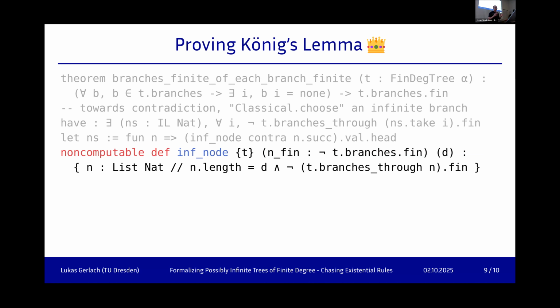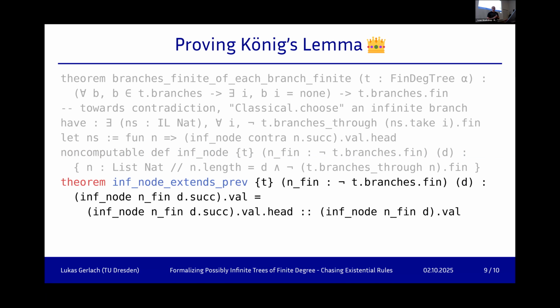So this just takes a depth and the proof that there's really infinitely many branches in the tree, and then returns a suitable node for the depth we're looking for, just meaning that the length of the returned node address is exactly the depth. And of course, the main property should be that the branches going through that node are infinitely many.